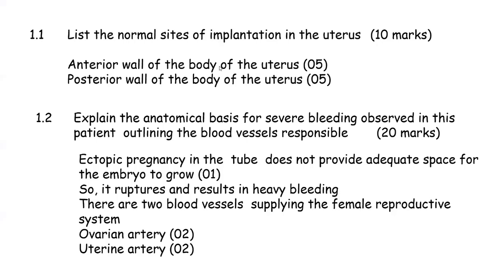Right? So always when we formulate a marking scheme, we formulate according to a recommended textbook, right? So according to your textbook, these are the 2 answers, either anterior wall or posterior wall of the body of the uterus, right? So your answer should be complete. The part body of the uterus should be there, right? And anterior and posterior wall. So you can write both these things together.